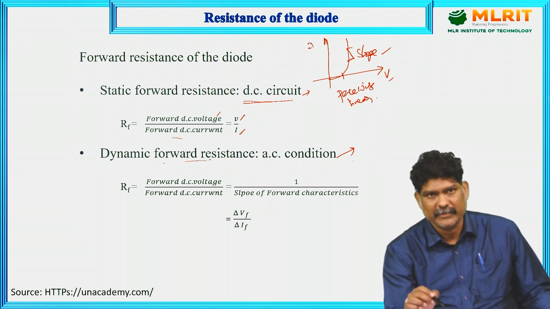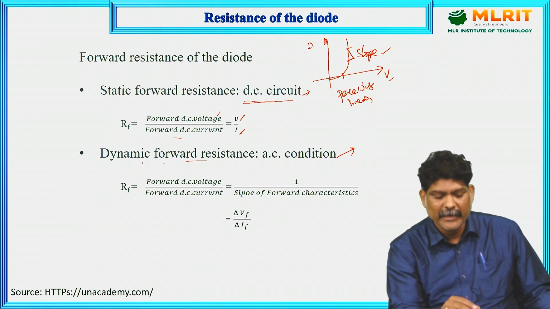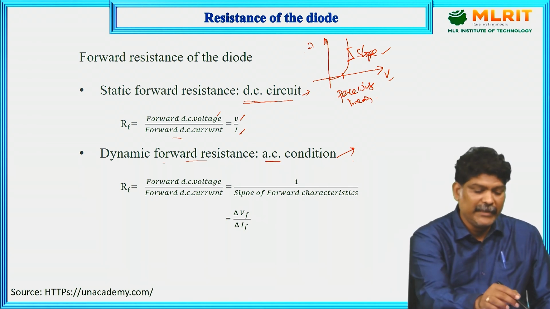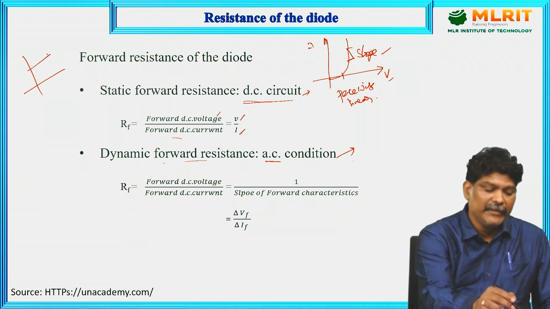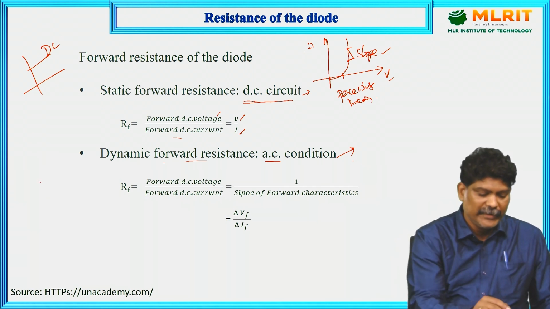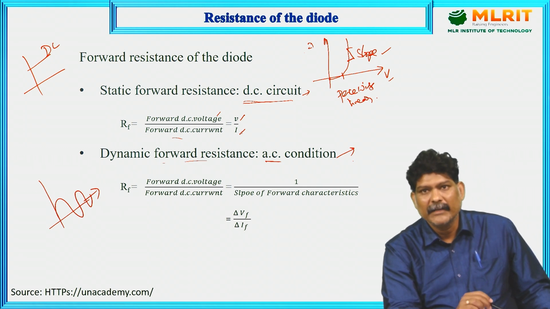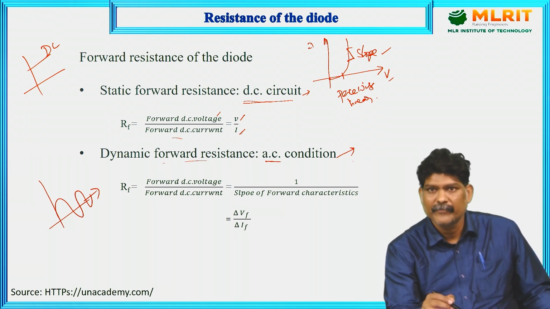Dynamic forward resistance. What do you mean by dynamic? AC. So, AC means here, in the first case, we are giving DC source to the diode. In the second case, we are giving AC source. So, in such case, obviously there is a fluctuation in the voltage and current.